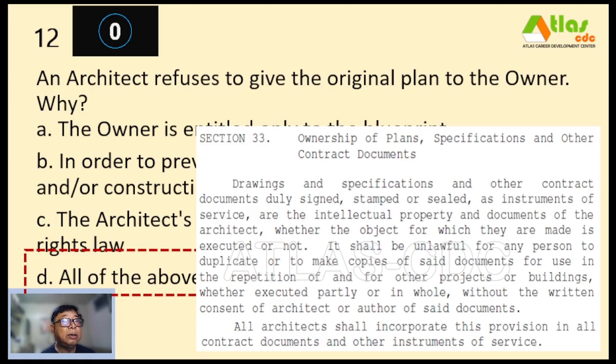Are the intellectual property and documents of the architect, whether the object for which they are made is executed or not, and it shall be unlawful for any person to duplicate or to make copies of said documents for use in the repetition of and for other projects or buildings, whether executed partly or in whole, without the written consent of the architect or author of said documents. That is why what is given is only the blueprint, not the original.